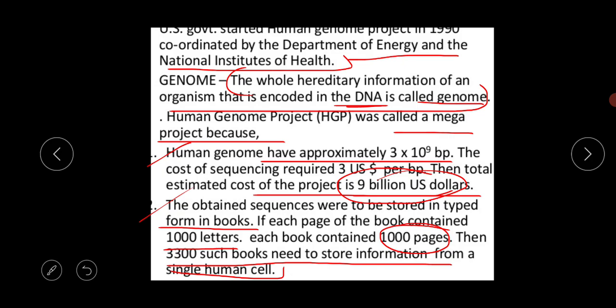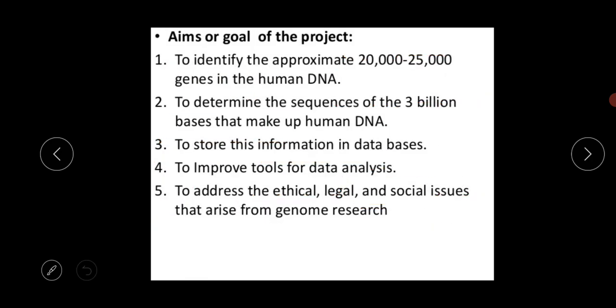So can you imagine how many books we would require to store all the information of our whole genome set. So that's why this belongs to the mega project. This human genome project actually belongs to the mega project.